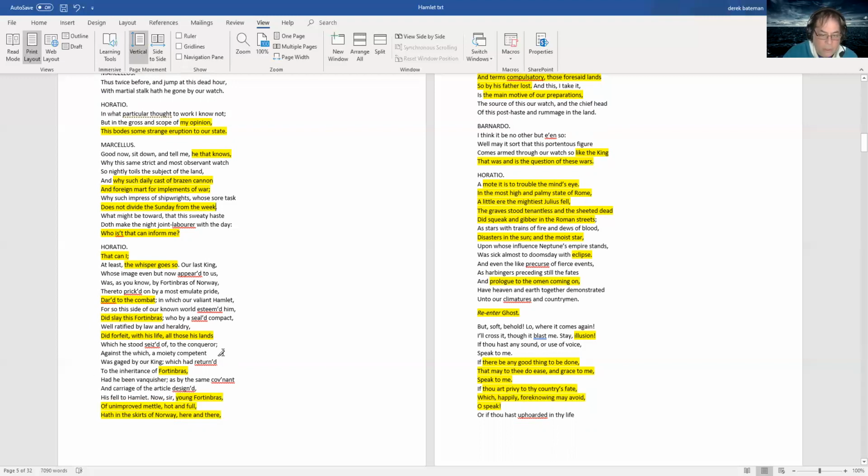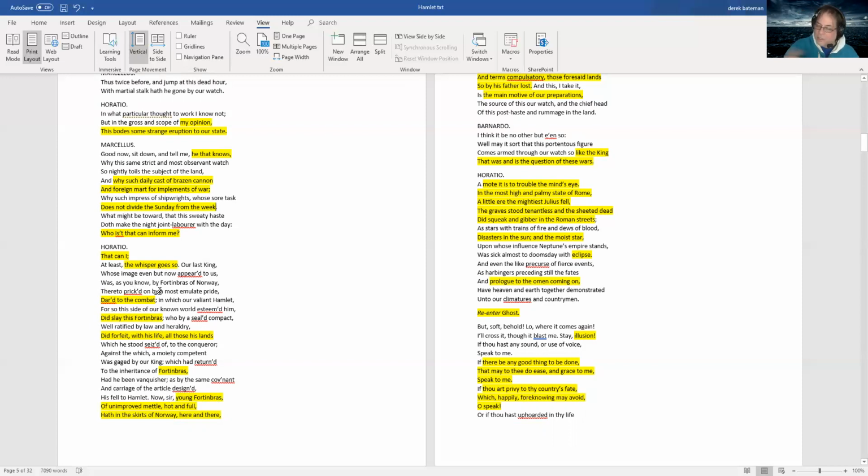"Against the which, a moiety competent was gaged by our king, which had returned to the inheritance of Fortinbras, had he been vanquisher, as by the same covenant and carriage of the article designed, his fell to Hamlet. Now, sir, young Fortinbras..." Now this is where it gets a bit confusing. There's young Fortinbras, and then there's the king described above, Fortinbras. Two different people.